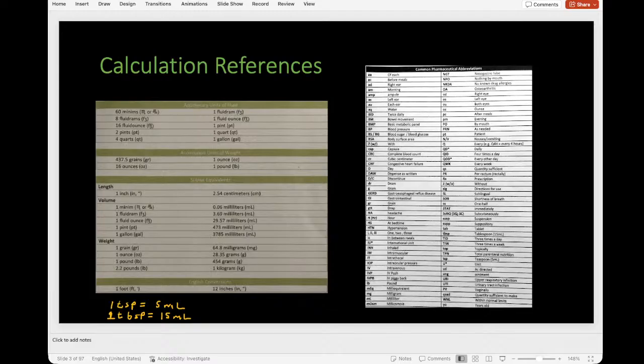It was not listed in these references at the time of uploading. So 1 teaspoon equals 5 milliliters, and 1 tablespoon equals 15 milliliters. So be sure to remember that. You're going to see it quite a bit in your future exams.